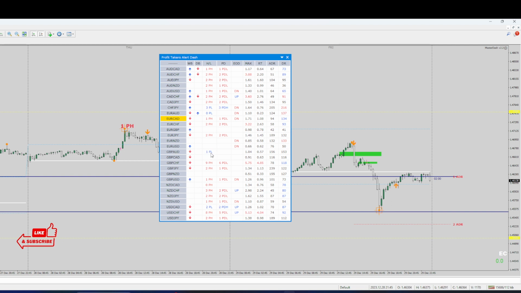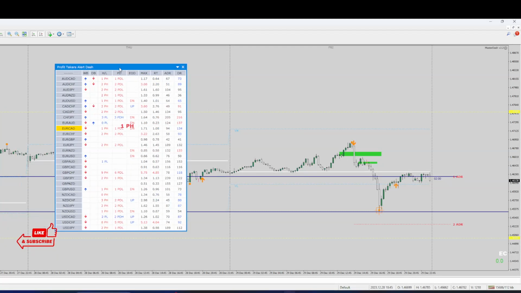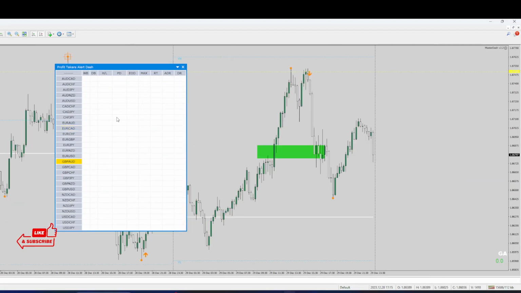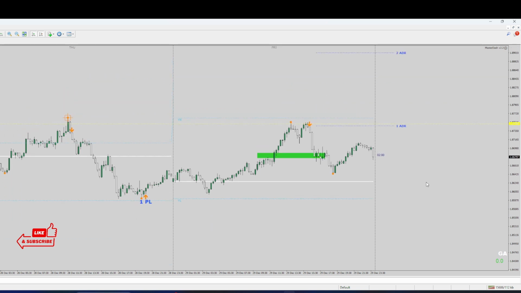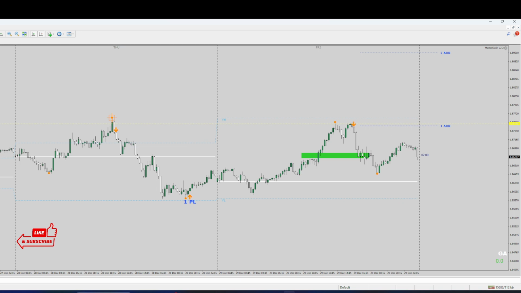Now, look at this. GA gave us a one peak formation low, but this PD, previous day, is blank, which means no levels were hit. So we're going to go take a look at that. Okay. This is a clue that since the earlier session, technically, if you were here taking this trade early on, that was the area there.